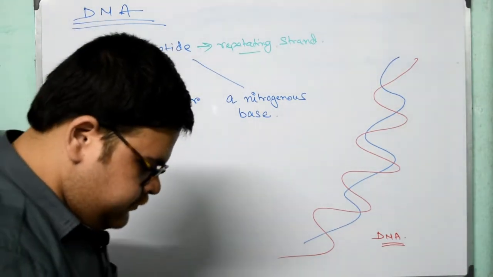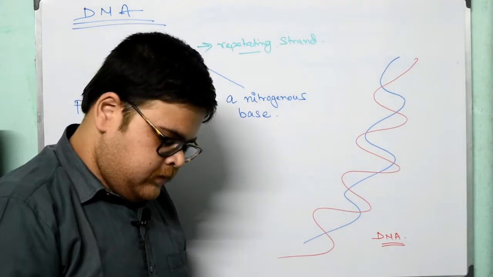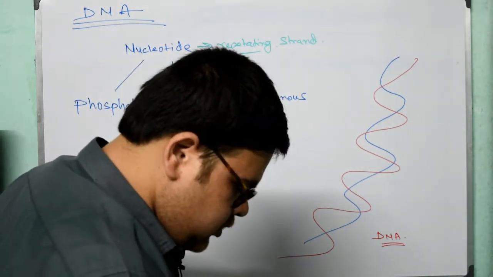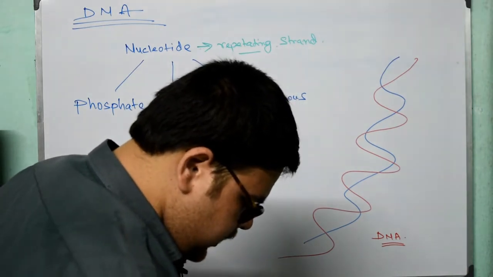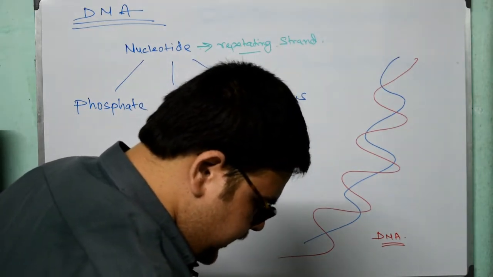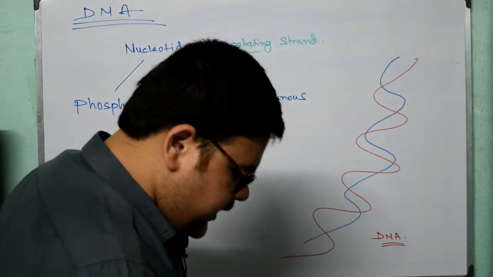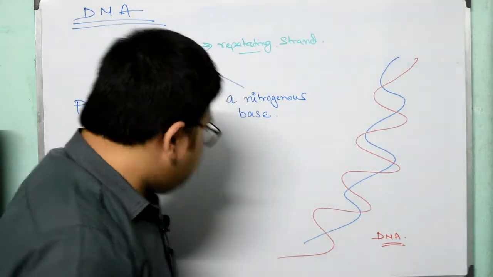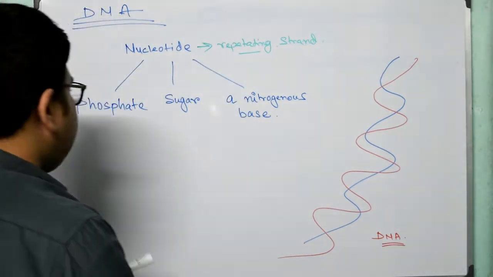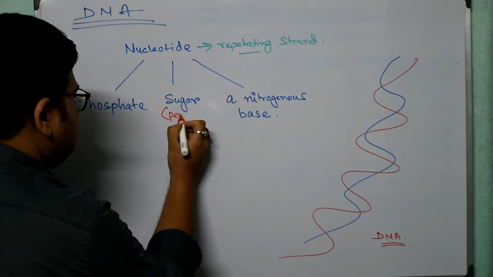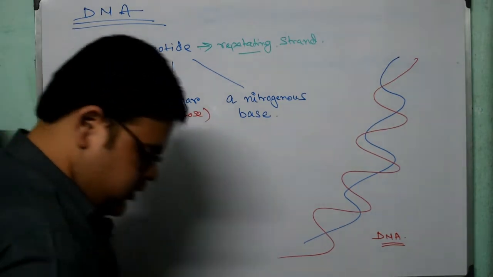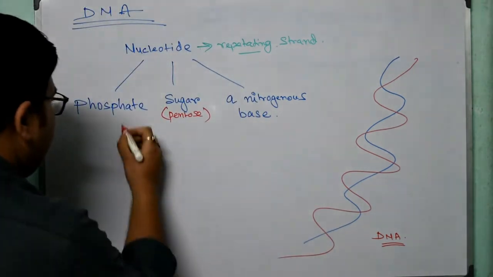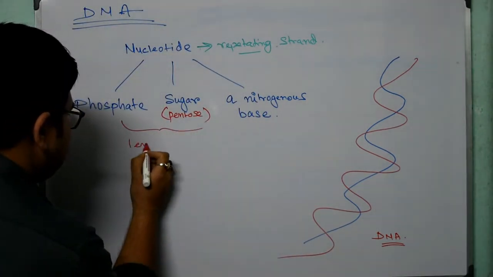Now please follow your book, page number 9. On the second column you will find that each single DNA strand is composed of repeating nucleotides which are made up of 3 components: phosphate, sugar, which is pentose, and these two are arranged lengthwise.